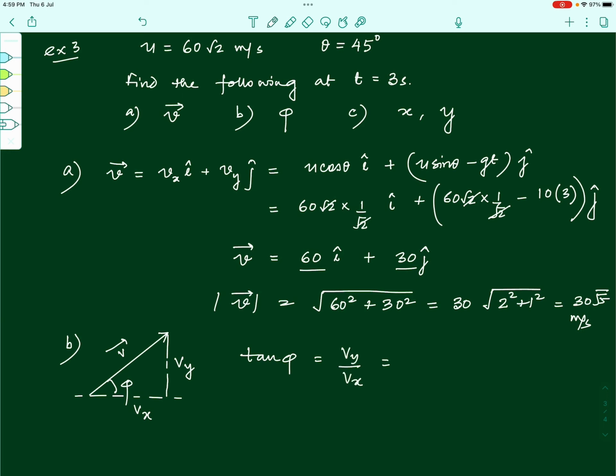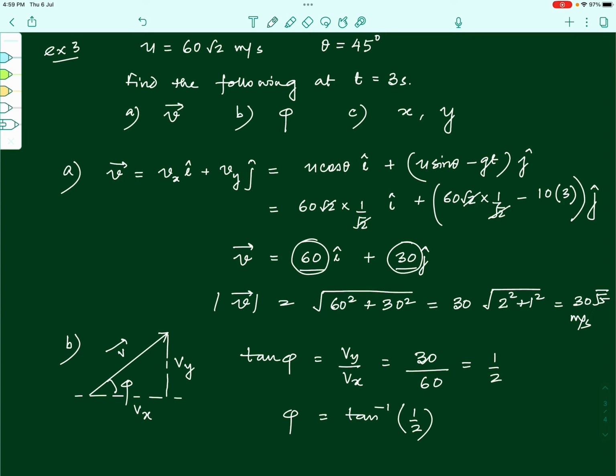We know that Vy is 30, Vx is 60. So, this comes out to be 1 by 2, and hence we can write phi is equal to tan inverse of 1 by 2.